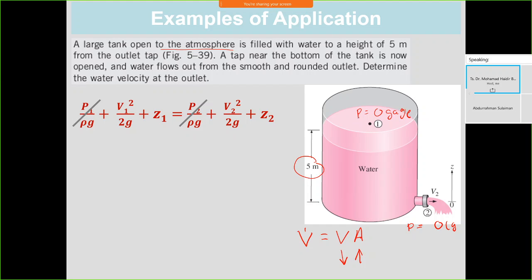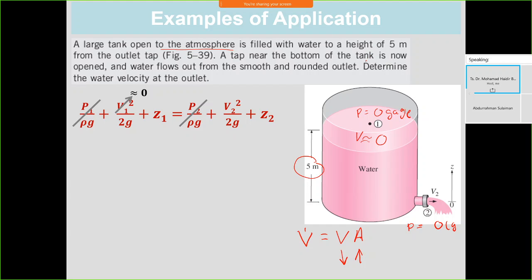For this analysis, when A is too high, V can be assumed to be 0. So for the equation, we can assume that V1 is equal to 0. You can assume V equal to 0 at any open location, on the tank, on the river, on the sea level or anything.